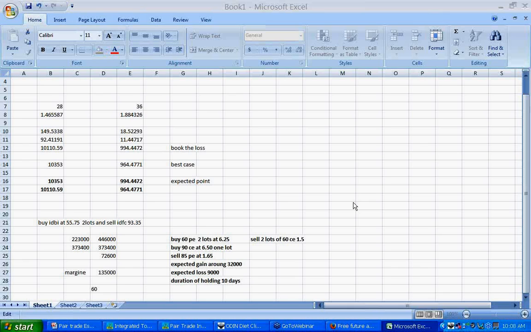And by the end of the February settlement, if it is closing above 60, whatever the level of your IDFC may be, then you will be at your maximum profit of 32,000. If it is falling below 50, then you should book the losses and come out. Both the counters need to be closed.